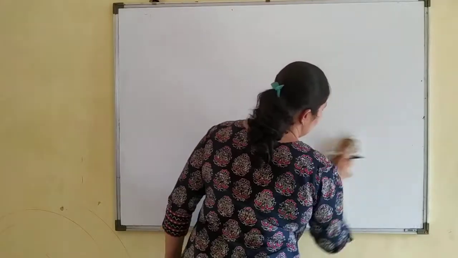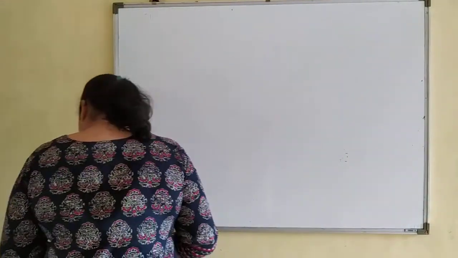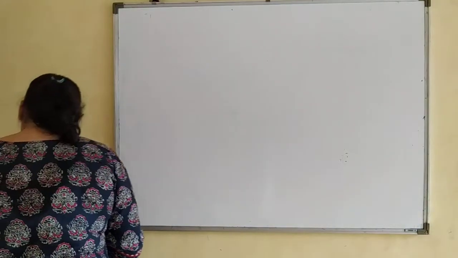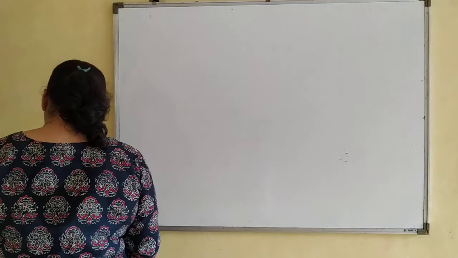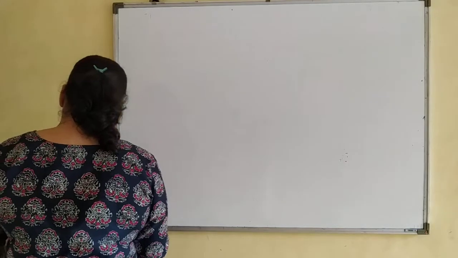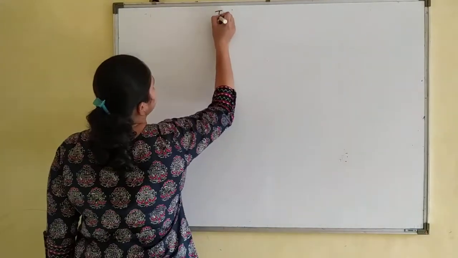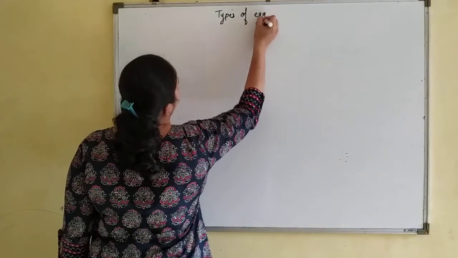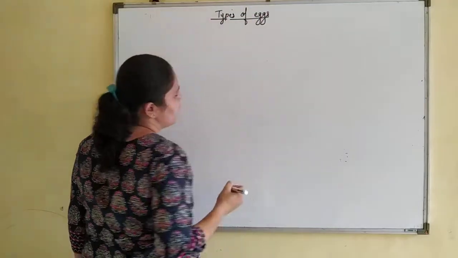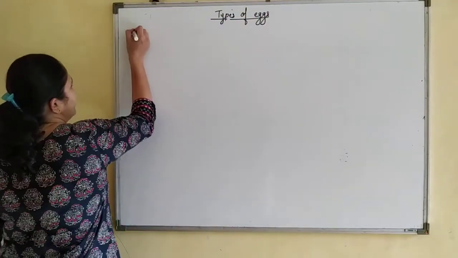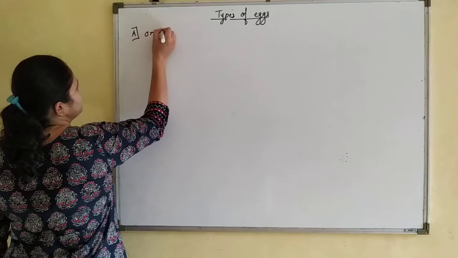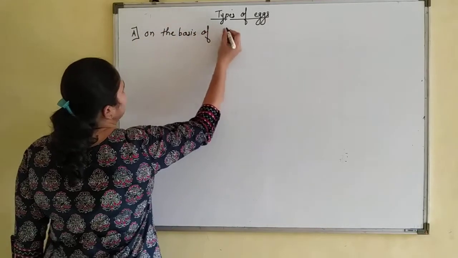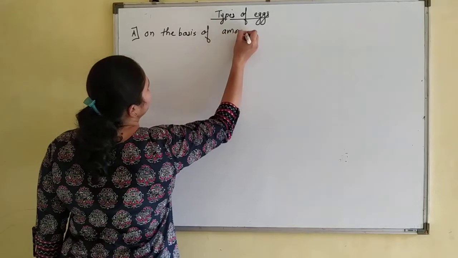Now we will see types of eggs based on the amount of yolk present in the egg. The first criterion we will use is the amount of yolk.